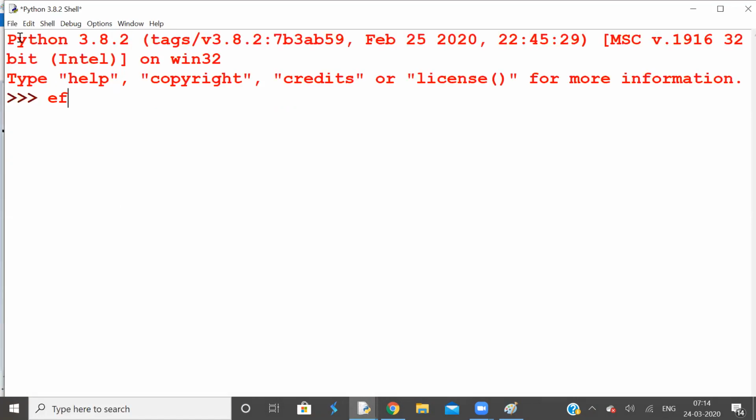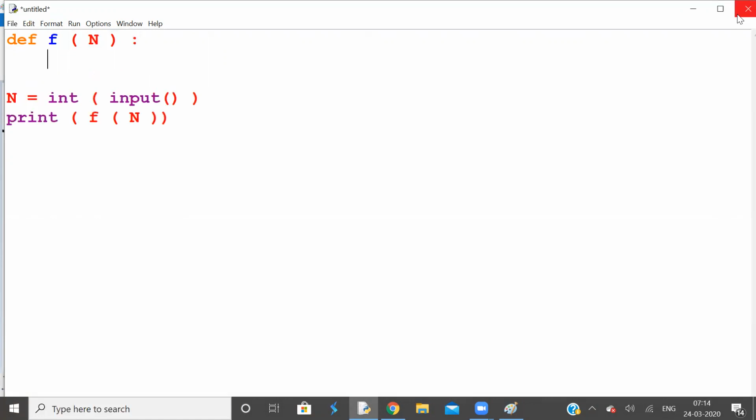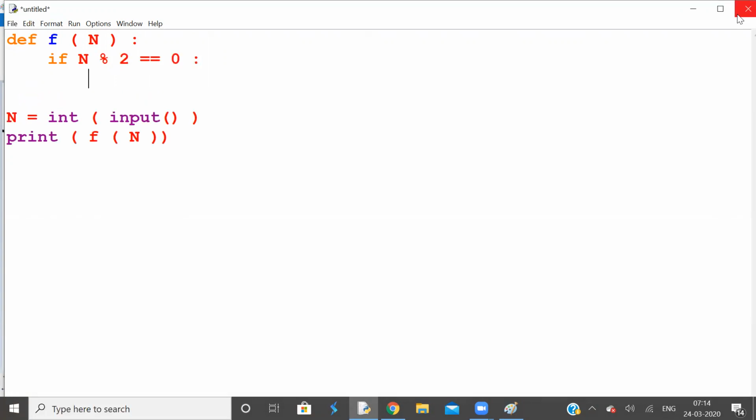Define f, input is n. If n is even, then return prime n by 2.